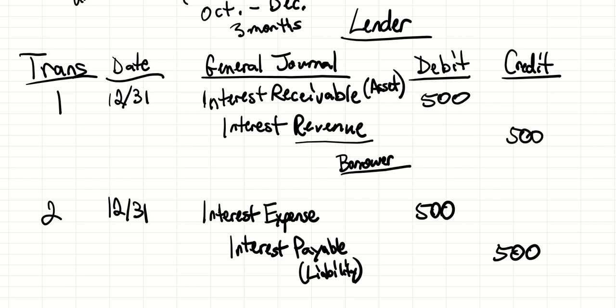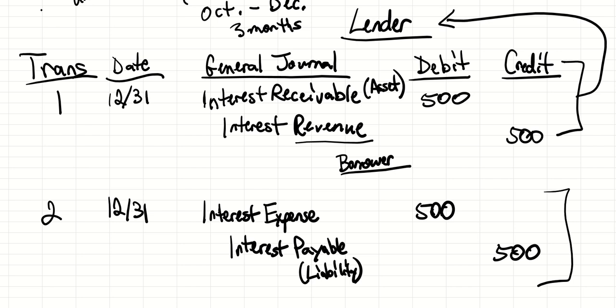Okay, so this is the lender's book. So this is them accruing, the lender accruing revenue of $500 of interest. And this is the borrower's books where the borrower is accruing an expense in their books. So again, when you accrue revenue, you are accruing what is earned, but you haven't received it in cash yet.